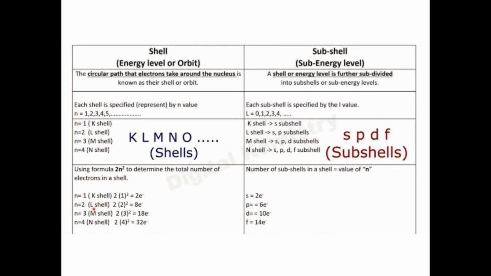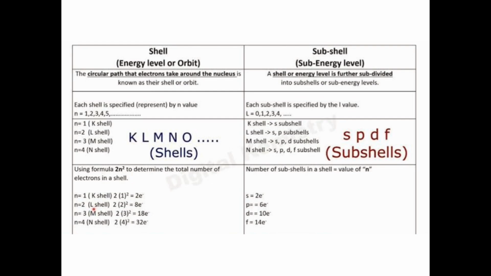Now each shell is represented by a value n, and each subshell is represented by a value l. N is 1, 2, 3, l starts from 0. That's another difference. In shell we are using K, L, M, N, O. In subshell we are using s, p, d, f. And then there is a general formula for the shell, which is 2n squared, and that means the maximum number of electrons K can contain is 2.